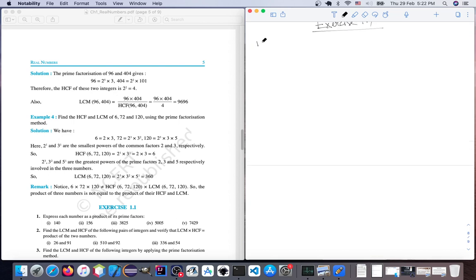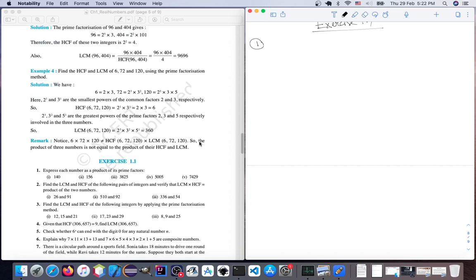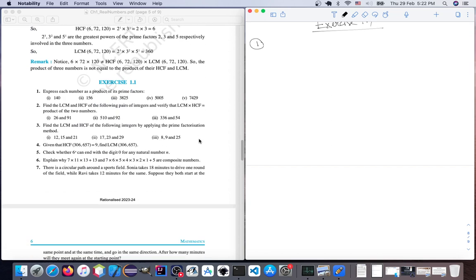Question number 1 says: express each number as a product of its primes. Basically, it's asking us to find the prime factorization of a number as a product of prime factors.